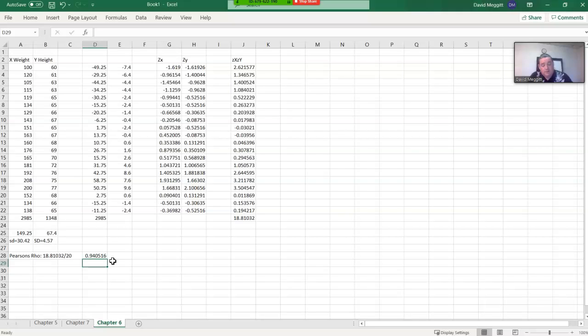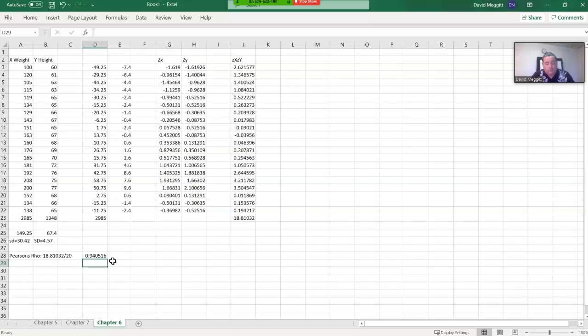Looking at page 163, you're going to use different coefficients for different variables according to what type of variables they are. Pearson's can be used for interval or ratio. Spearman is for both variables as ordinal or ranked.